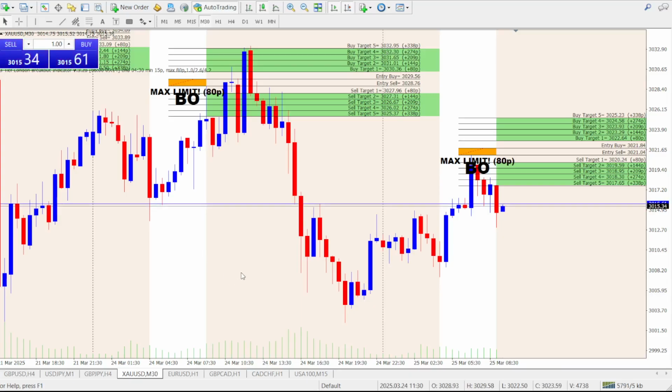And then the stick box helps visualize price action within the range. So these boxes give traders a clear structural view of the market before making a move.